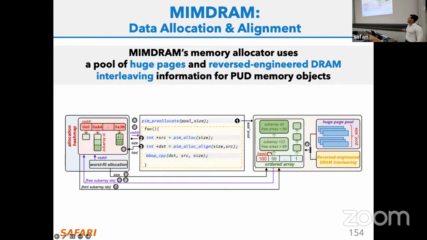So basically, I need to find a way to influence the memory allocator routine so that I can allocate data dependent operations that are going to execute together inside the same DRAM mat, and operations that are not going to be executed together across different DRAM mats. And to do that, basically we create this new allocation algorithm, pimalloc.